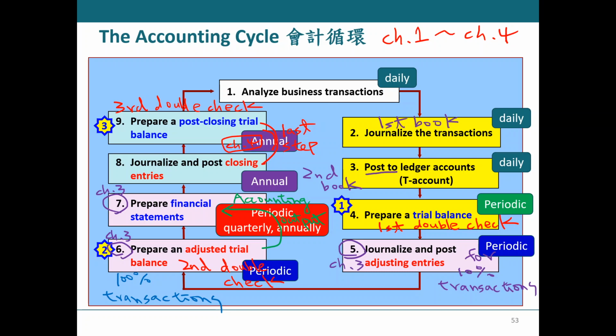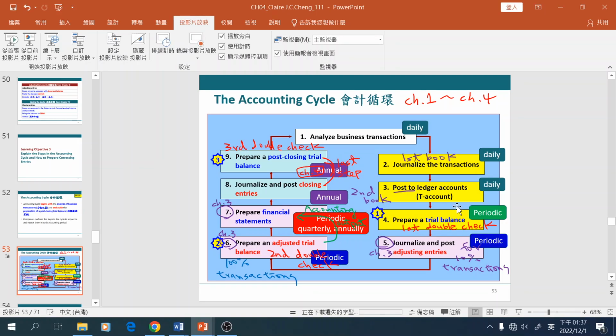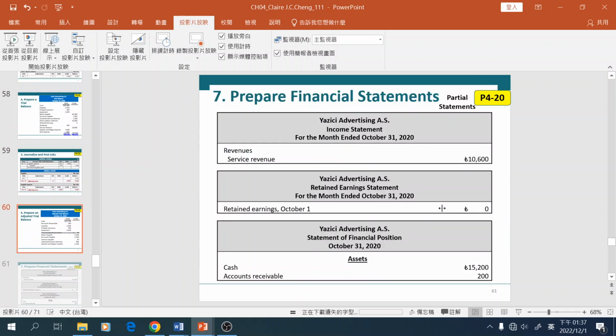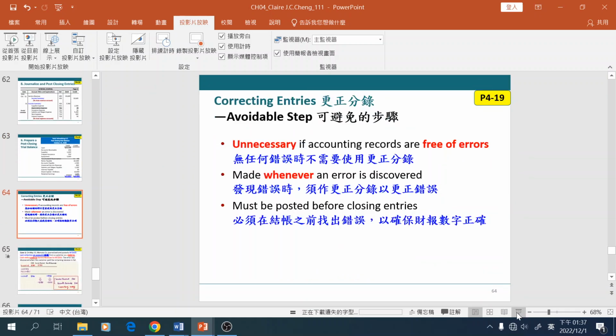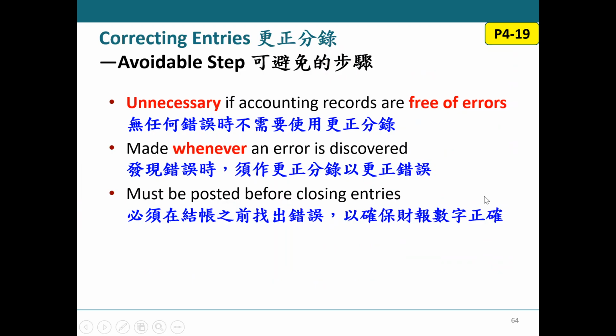The second thing in chapter 4 is how to correct the error. So it's on your slide, slide 64. When you make some mistake, how to correct the error.